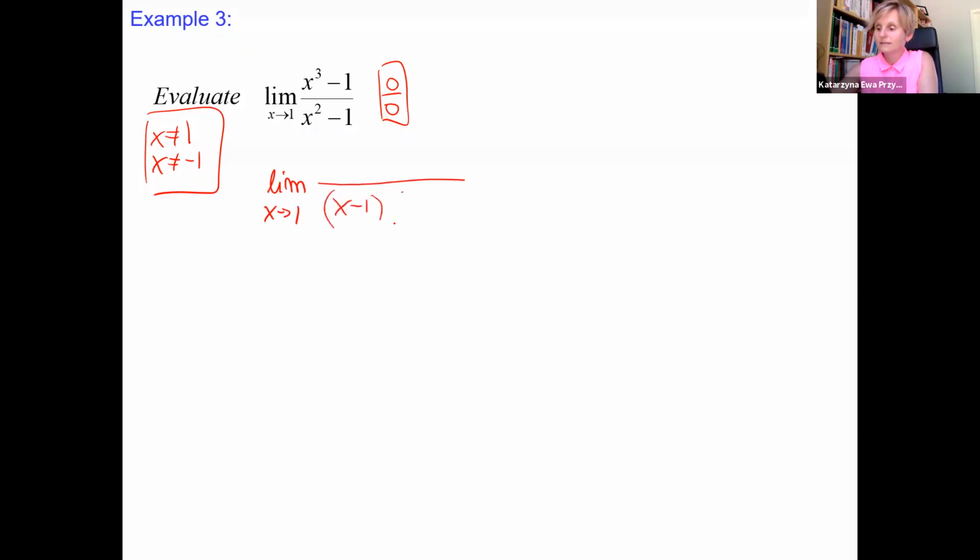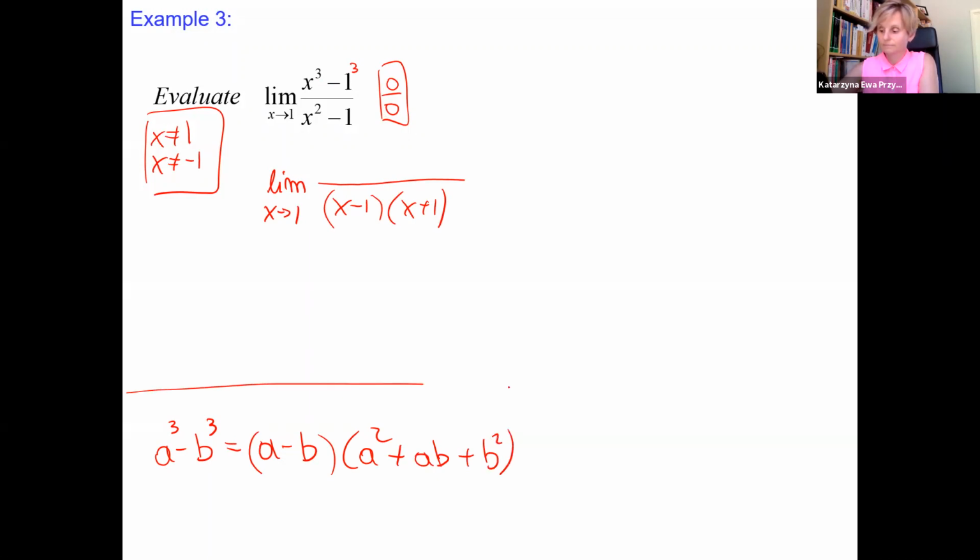This one is x minus 1, x plus 1. X cubed minus 1 cubed is a cube minus b cube. That's the formula from that reference page. We will do a minus b, and then a squared plus ab plus b squared.